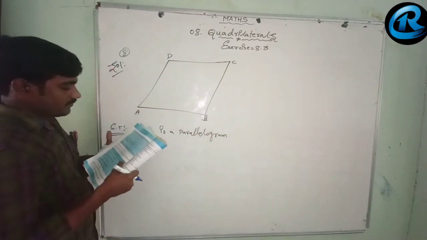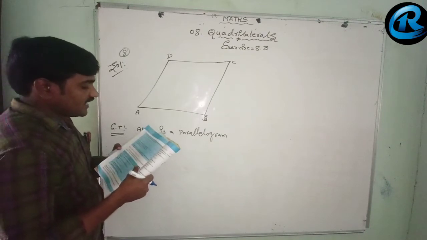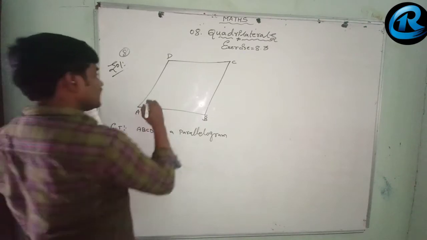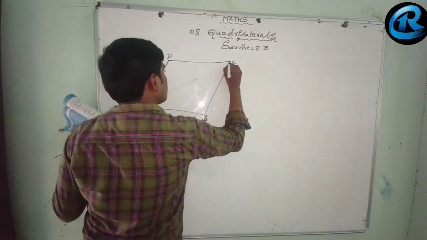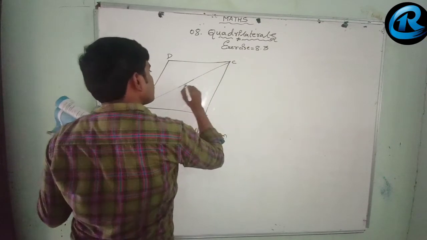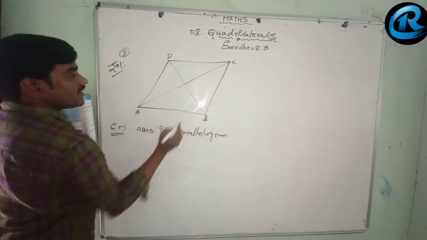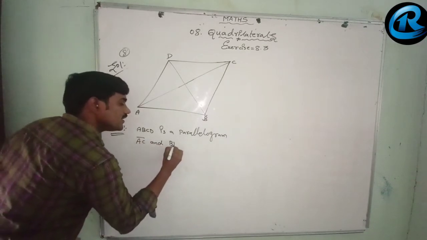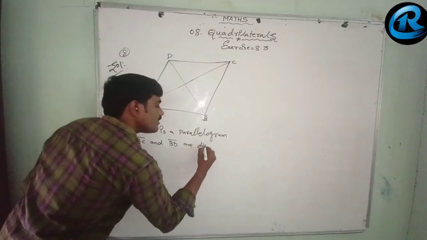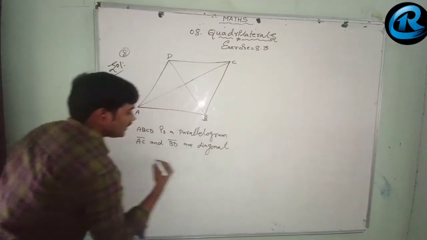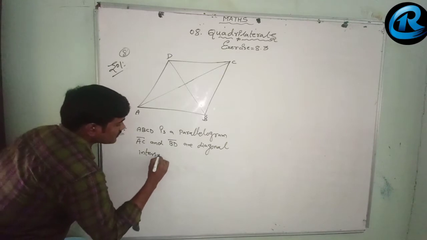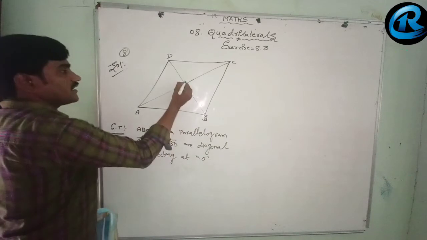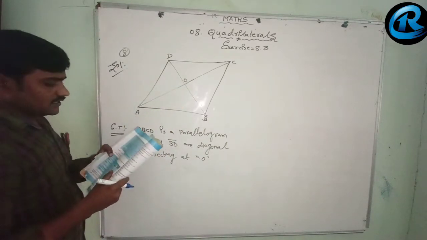Then AC and BD are diagonals intersecting at O. They are intersecting at O.